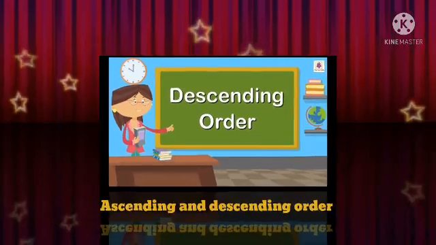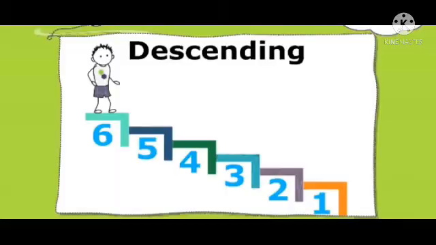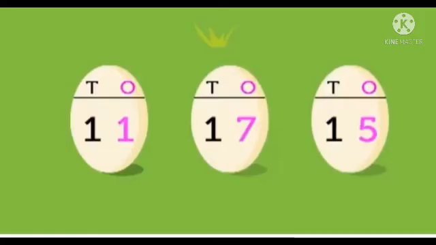Children, now we will do descending order. In descending order we come from upstairs to downstairs. So look at the numbers 11, 17 and 15. Among the given numbers, which is the smallest number? 11 is the smallest number, and which is the greatest number?